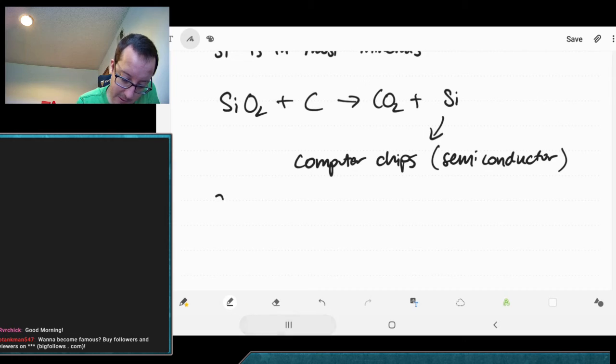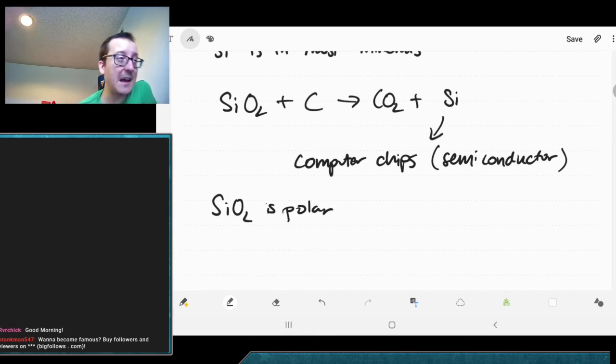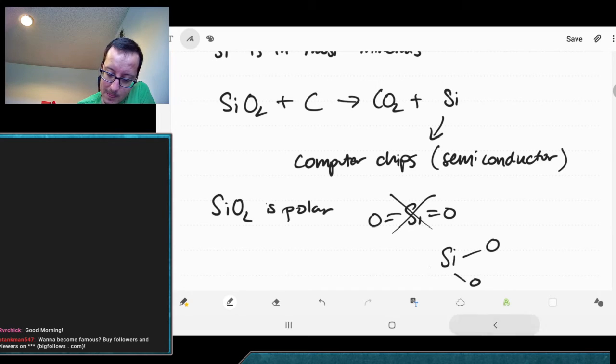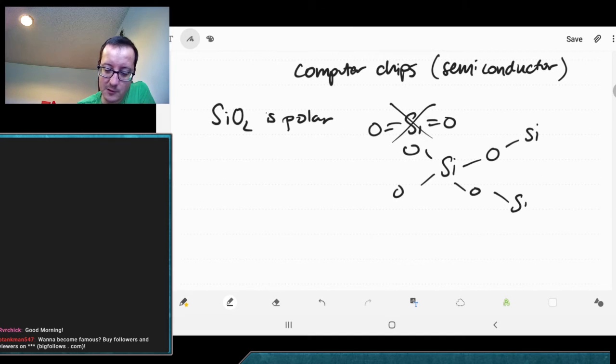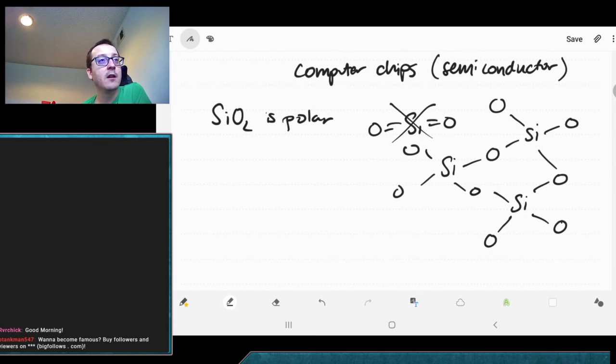Silica is polar. It forms a diamond-like structure, so it's not just this. We actually have silicons just alternating with oxygens, and they still form their kind of tetrahedral thing here.